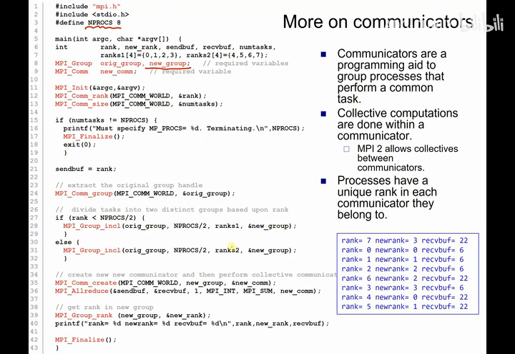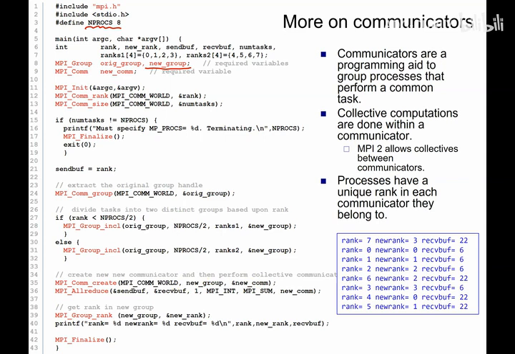Otherwise, it's going to use the second set of ranks. So this splits our processes into two groups based on the ranks, and then we create a new communicator based on these groups of processes.